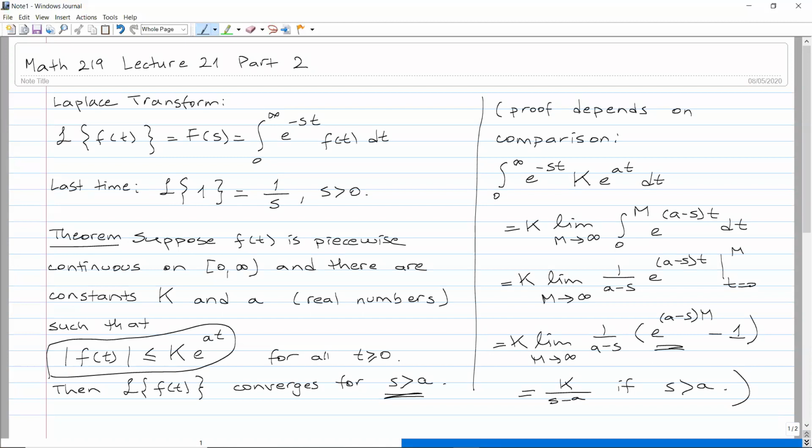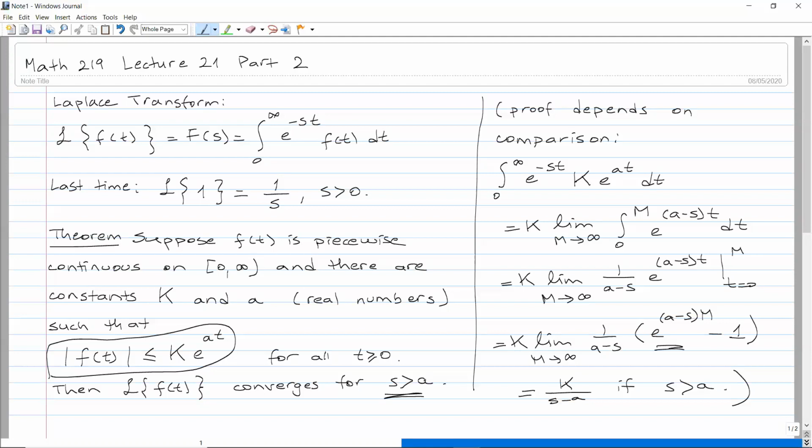And this condition is like saying that our function, at least in absolute value, is not any faster than the exponential function. Remember, in calculus, we looked at the limits to compare how fast a function goes to infinity.